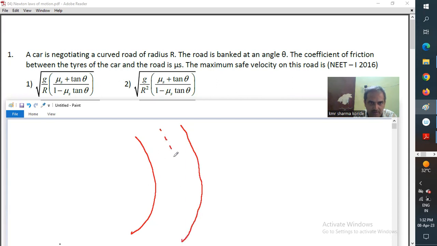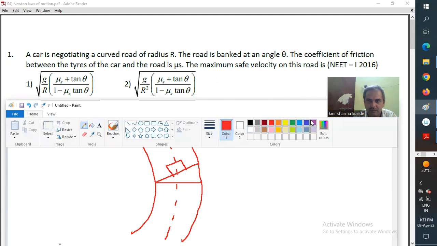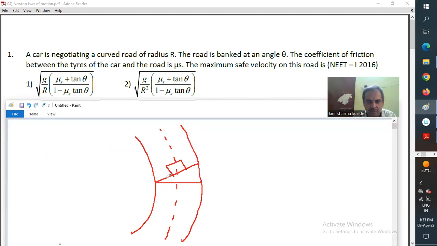Whenever it comes to a curved road, you observe that the vehicle is not on a horizontal surface. The vehicle is somehow on an inclined surface. That is why, while going on curved surfaces, we observe some slight upliftment, maybe inwards or outwards.